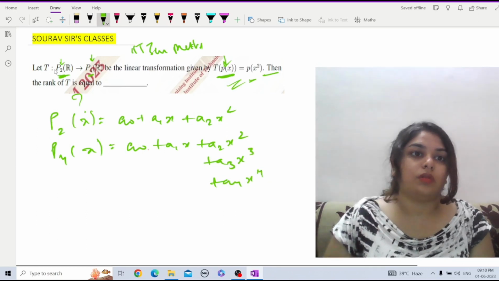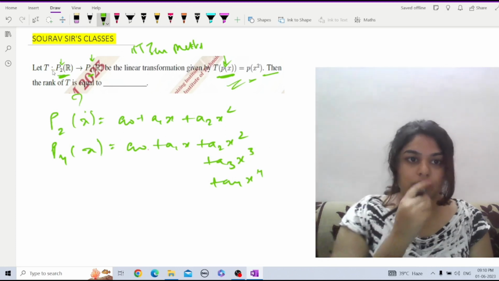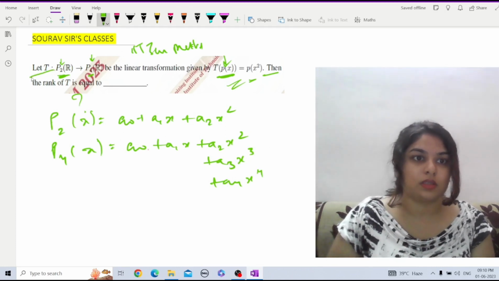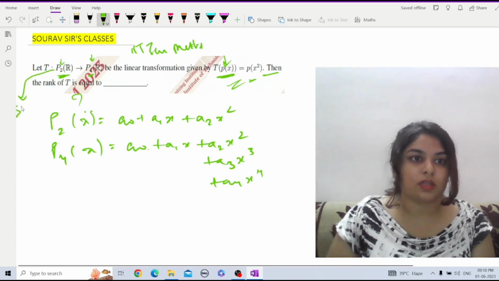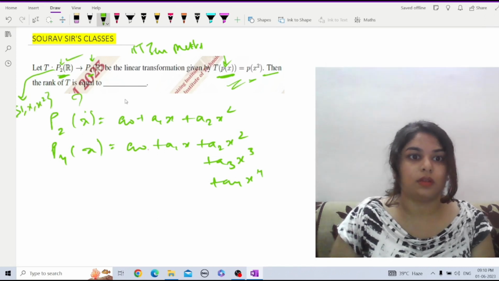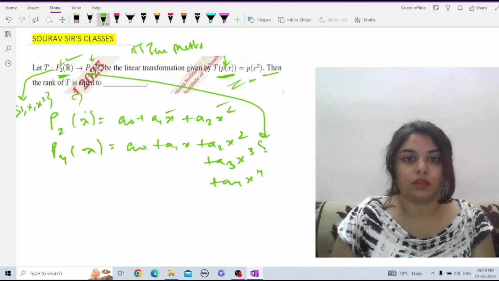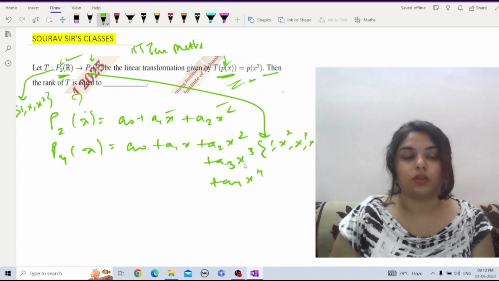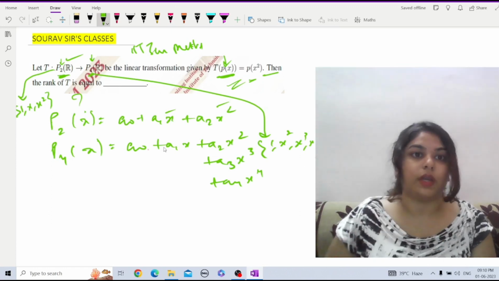Now from this, the basis for P2 is 1, x, x^2, and for P4 we will have 1, x, x^2, x^3, x^4.